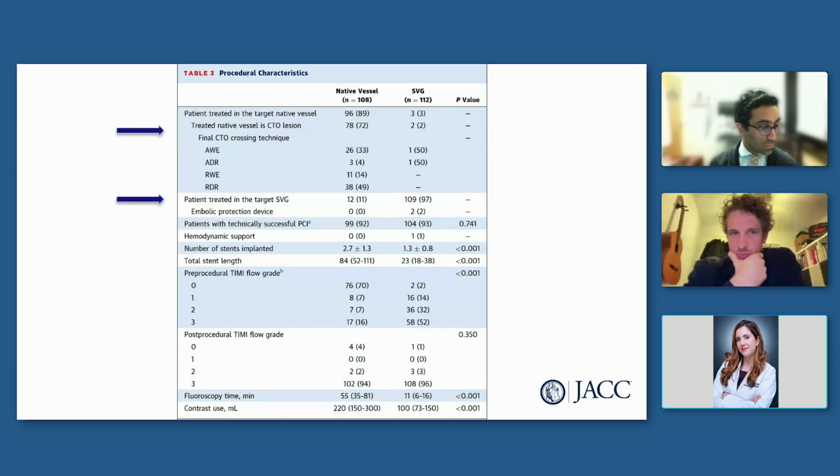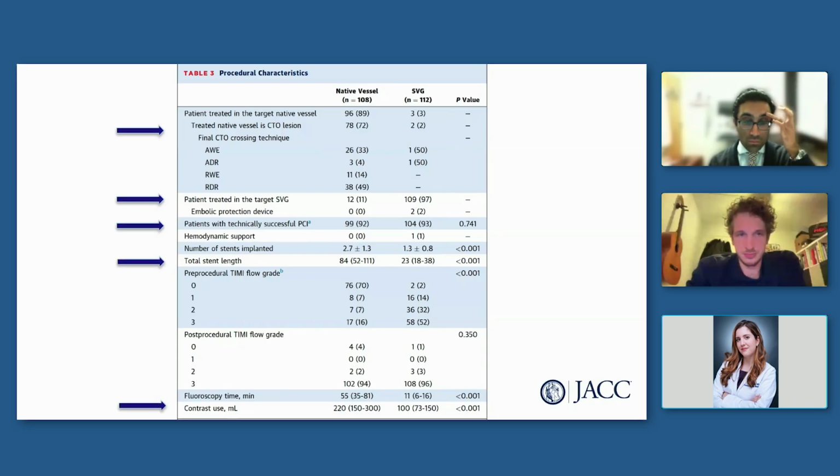And that is something to note, because the use of embolic protection device in vein grafts is controversial, but many operators still do use that. So that was something I wanted to point out. And then again, noting that there was a high success rate in the interventions that were done. And these are complicated interventions, both from a native vessel and vein graft standpoint. And so the success rates may not be as high with less skilled operators.